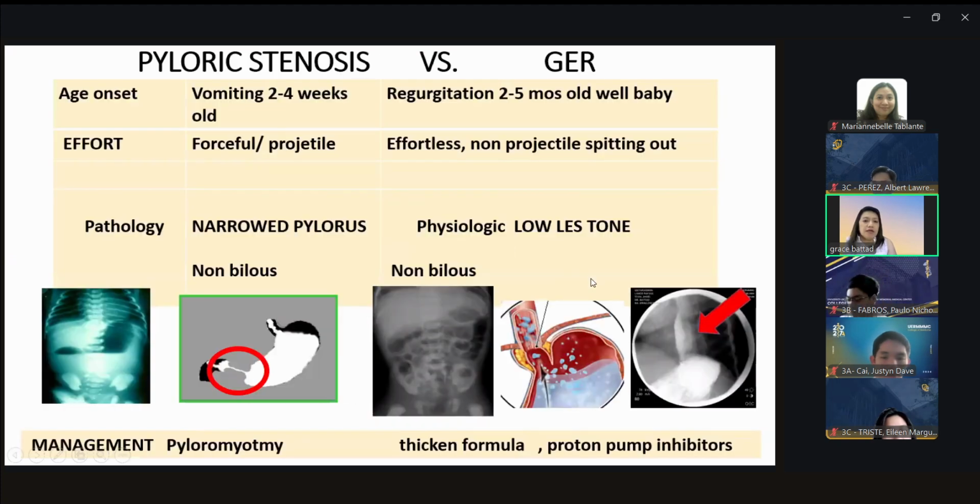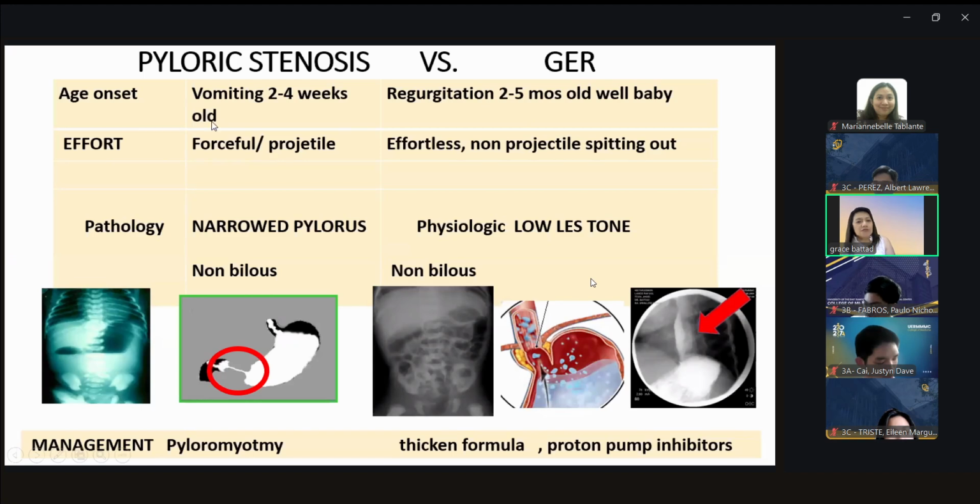Now, if we try to differentiate pyloric stenosis from gastroesophageal reflux, because most of them might have more or less the same clinical profile of vomiting, particularly after feeding. So you have an essentially well baby for GE reflux.